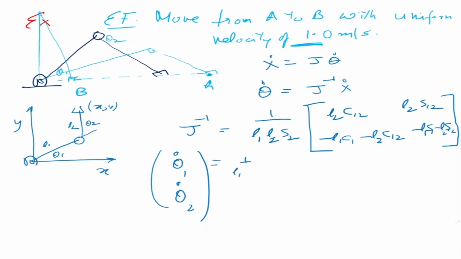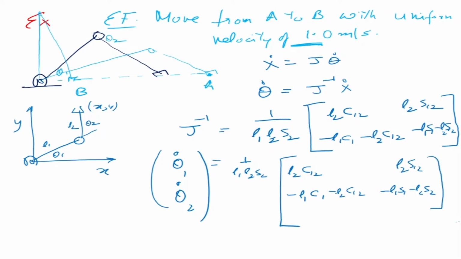So it is 1 by L1 L2 sine theta 2, then it is L2 cos θ1+θ2, L2 sine θ1+θ2, minus L1 cos θ1 minus L2 cos θ1+θ2, and then minus L1 sine θ1 minus L2 sine θ1+θ2. This is the matrix, and this is my velocities x dot and y dot. So this is what I'm trying to find.